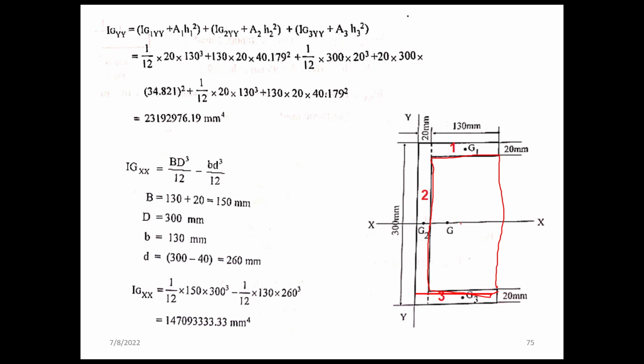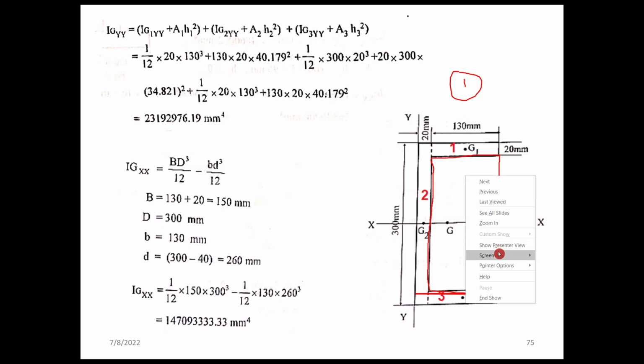So what we can do is find the centroidal moment of inertia of the entire cross section, the big one, minus the small one. I'm just doing it in a blue pattern.